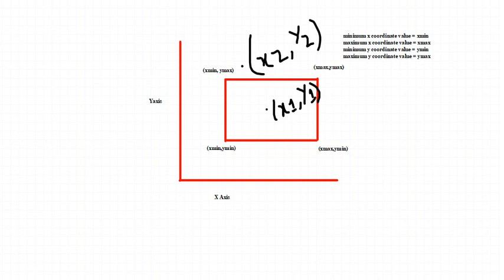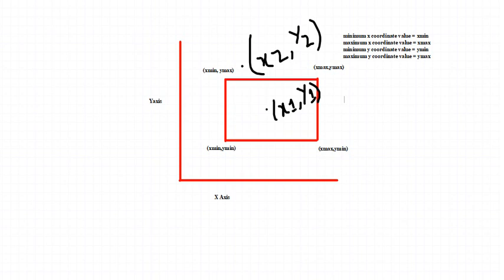Similarly, for the point to be visible, its y value must lie within the y range of your viewing window. Explicitly, the y value must lie within y min and y max. Now let's try to explain this in mathematical terms.